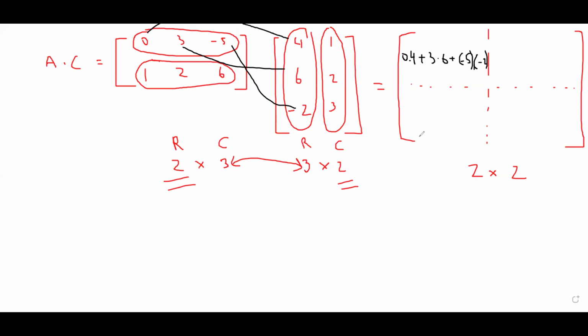And then I move to either here or there. It doesn't really matter in which order, they're not related. So I can continue with this first row. I go again with the same numbers, 0, 3, and -5, and multiply them by the corresponding entries of that second column, which is 1, 2, 3.